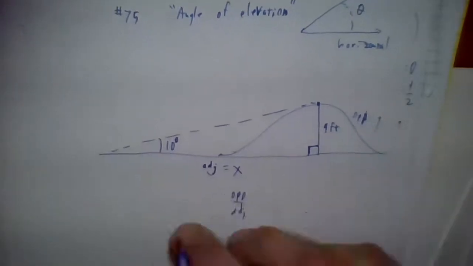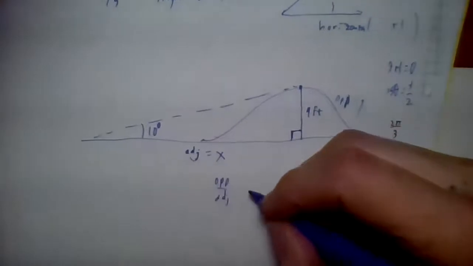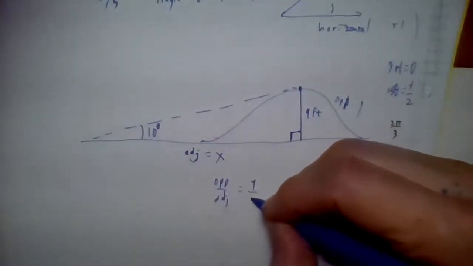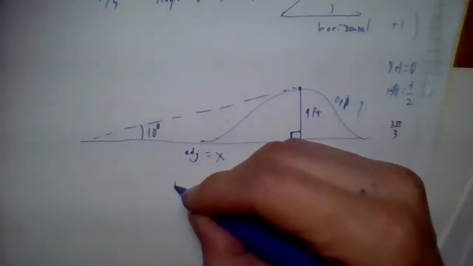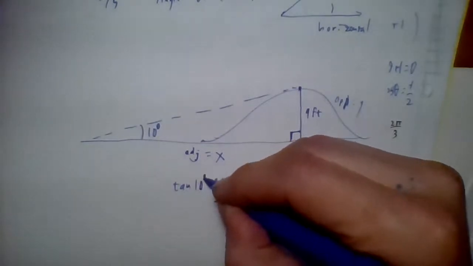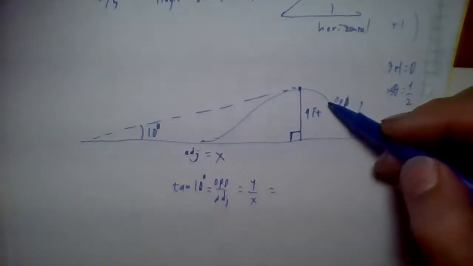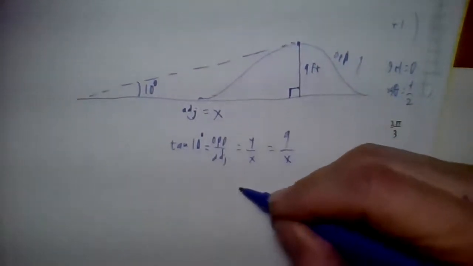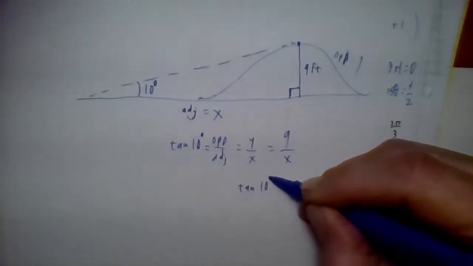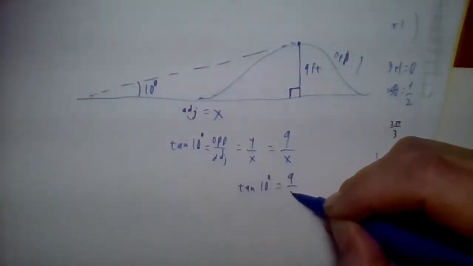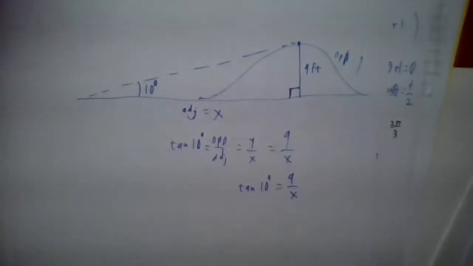Opposite over adjacent, or y over x, is what we called the tangent of the angle. So tangent of 10 degrees is supposed to be y over x. So for this problem, we have y is 9 feet, and x is the actual unknown. So the tangent of 10 degrees is supposed to equal 9 over x.